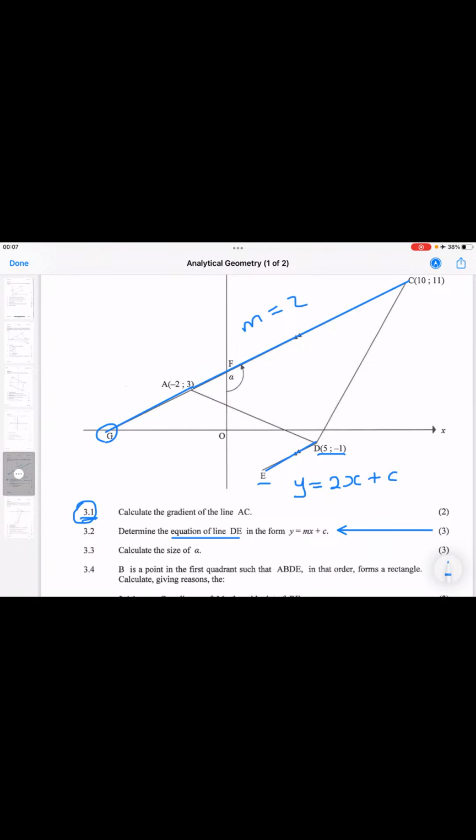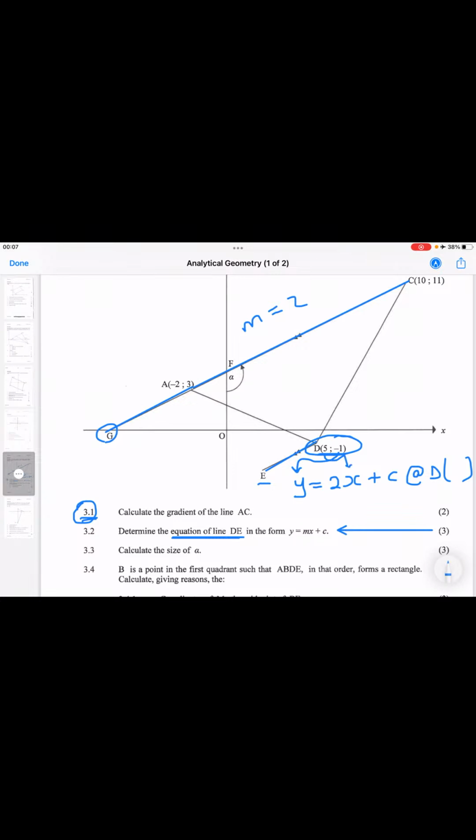Then you're going to say at a point. Which point are you going to use? You use a point which is associated to line DE, of which that point is D. So that means you are going to substitute the values of D. Obviously, x is negative, y is negative 1, and x is 5.